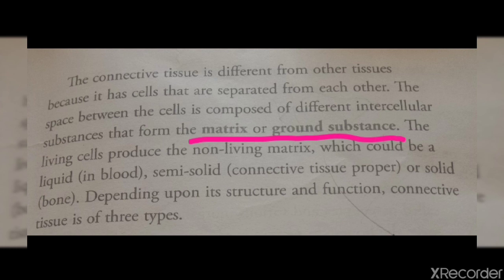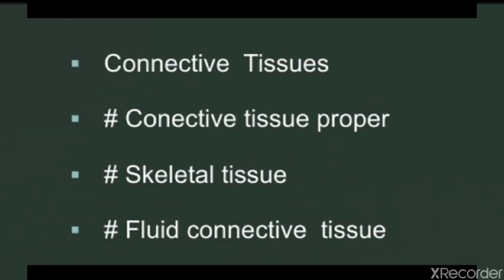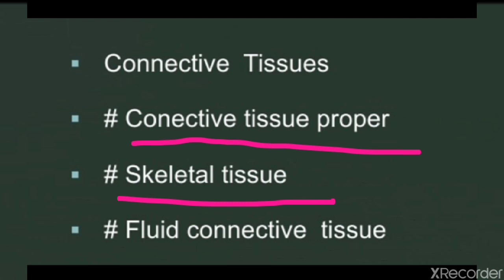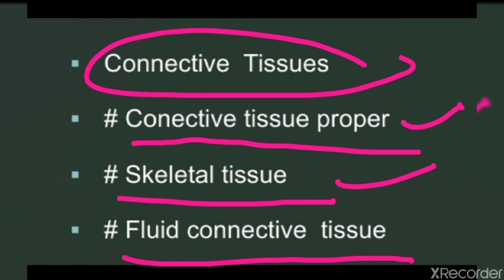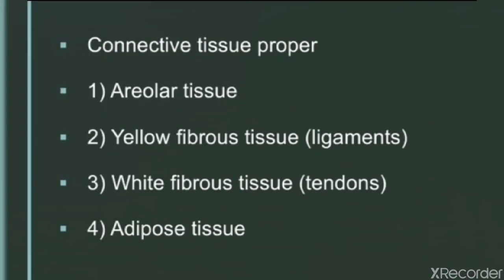Depending upon its structure and functions, connective tissue is of three types: connective tissue proper, skeletal tissue and fluid connective tissue. Let's discuss connective tissue proper.